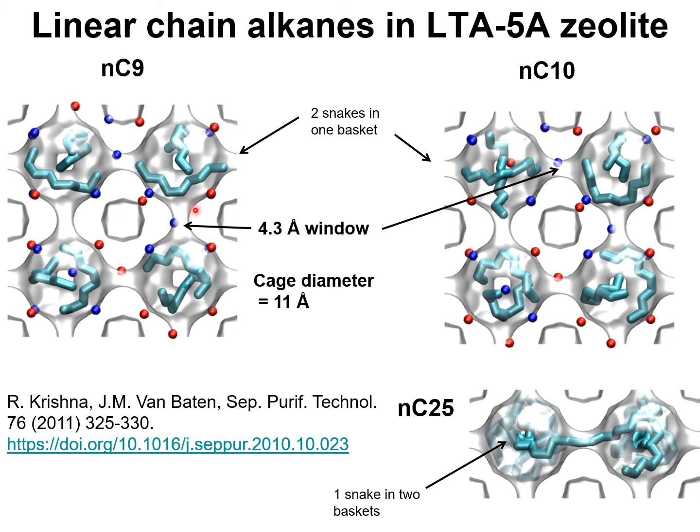LTA-5A zeolite consists of cages of 11 angstrom diameter separated from adjacent cages by 4.3 angstrom windows. Within a single cage, 2 NC9 molecules can be accommodated, or 2 NC10 molecules, but for NC25, one molecule occupies two adjacent cages.